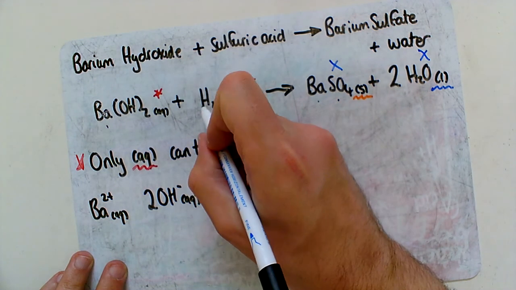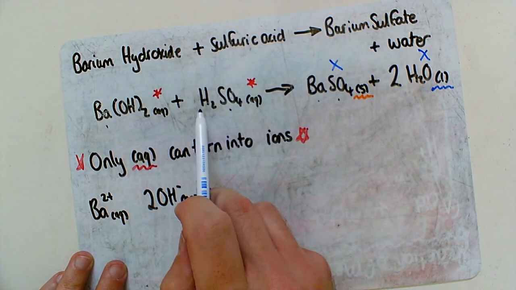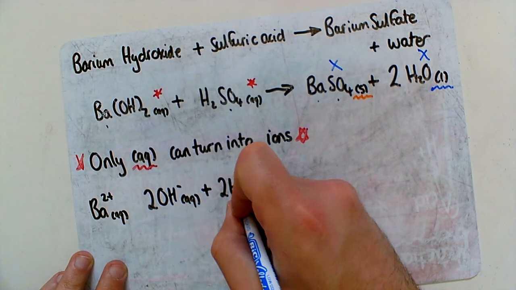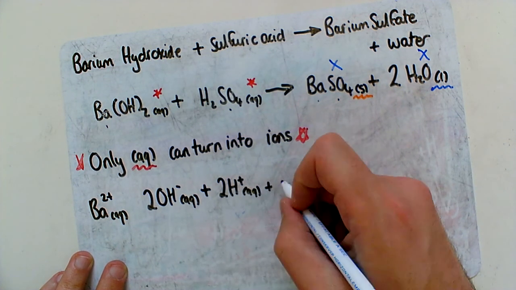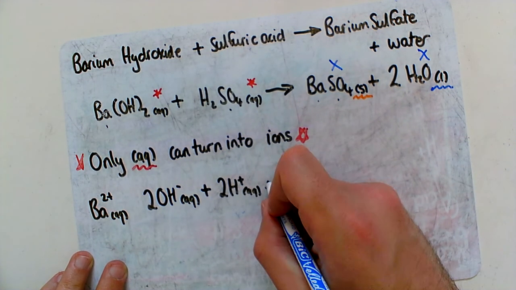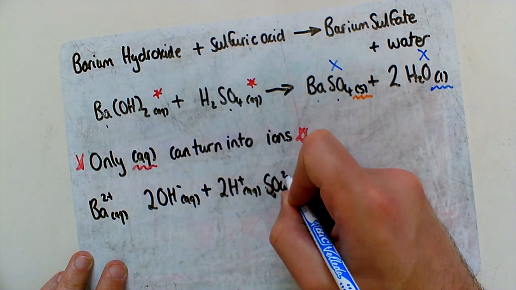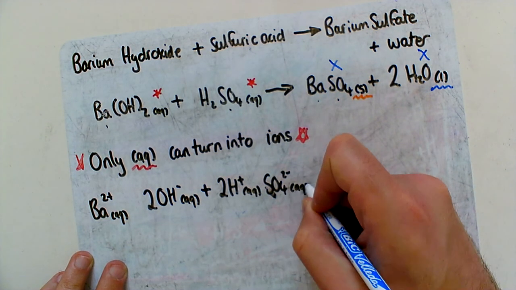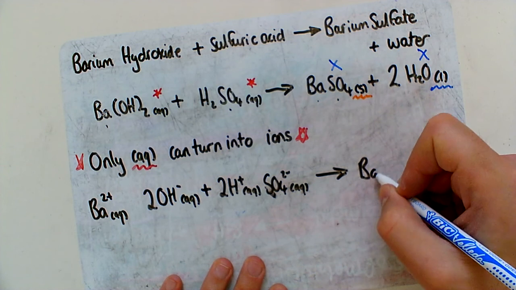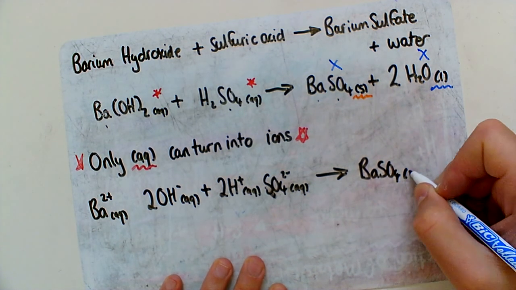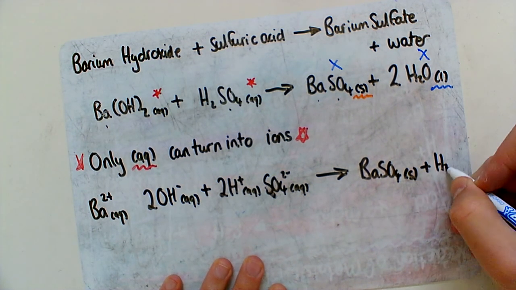Plus 2 hydrogens, sorry, 2 hydrogens. Plus the sulfate, which is 2-, and it's going to BaSO4 solid plus H2O.